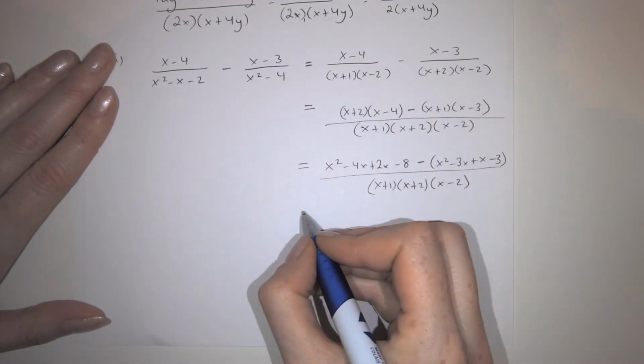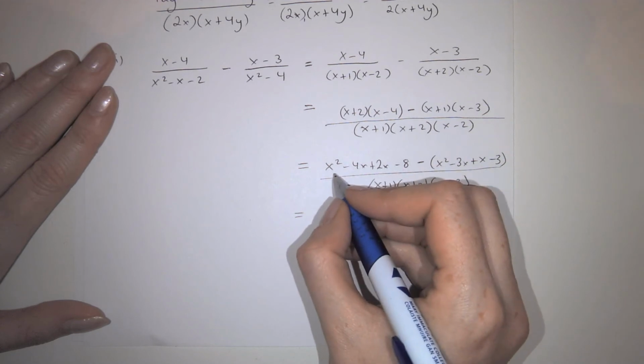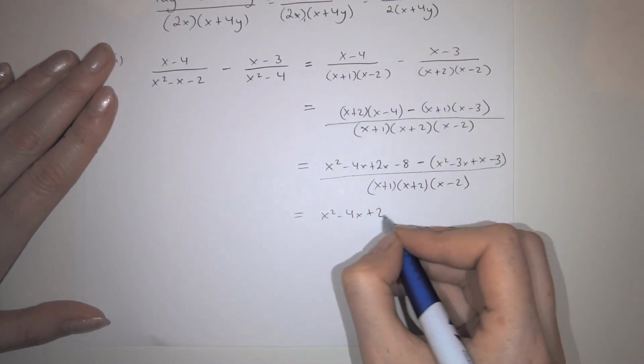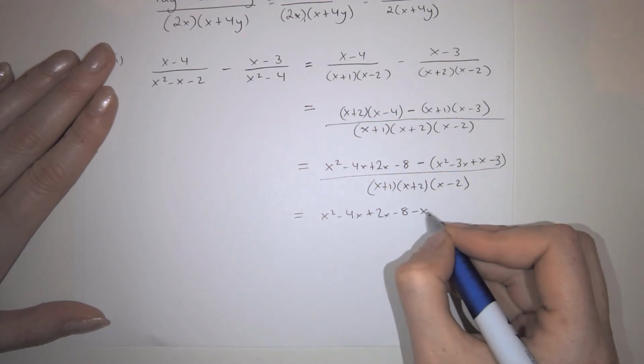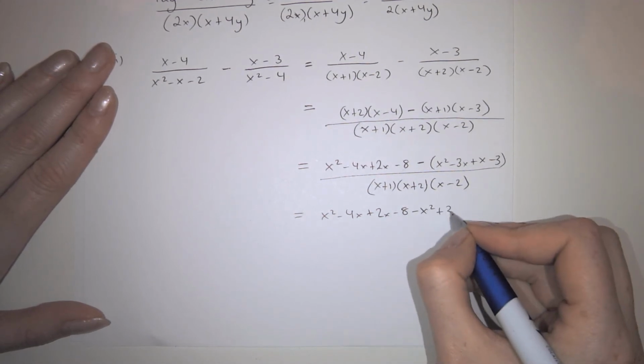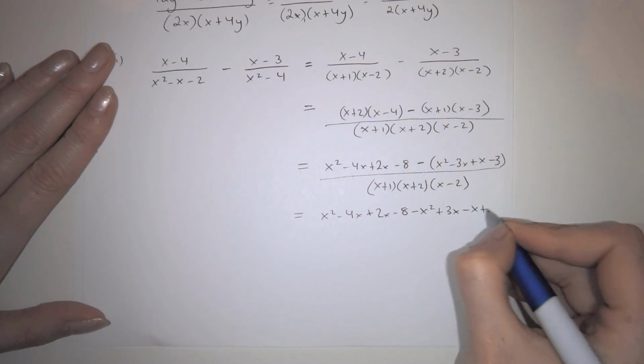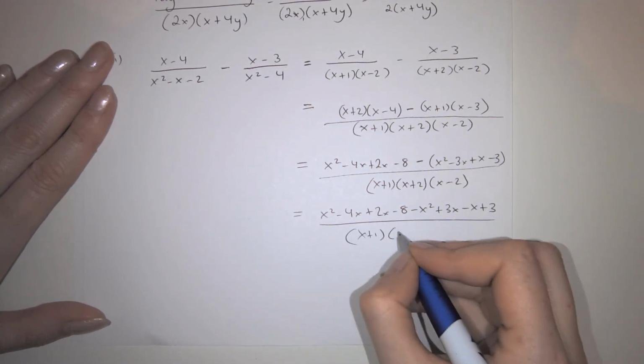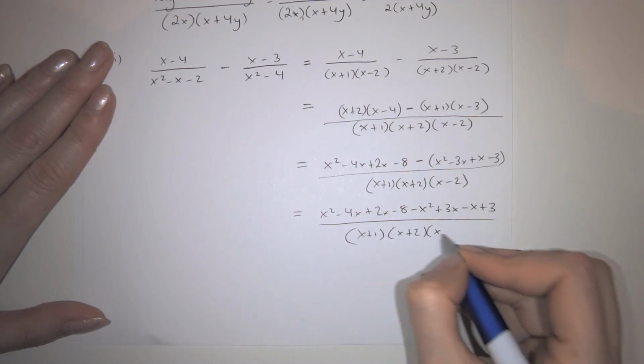And then just multiply out: x² - 4x + 2x - 8 - x² + 3x - x + 3, over (x + 1)(x + 2)(x - 2).